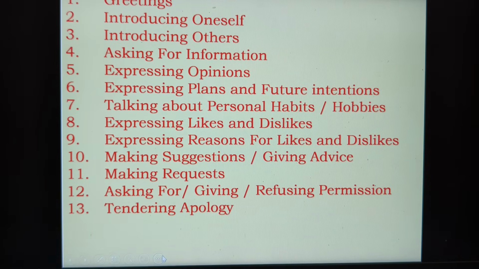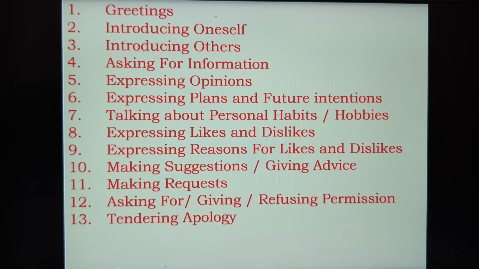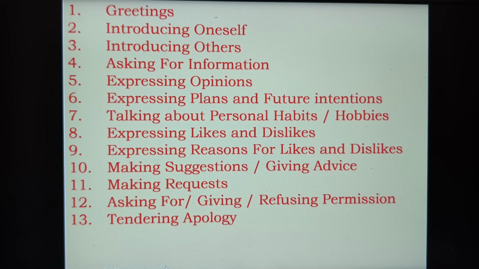And here, as per the board, there are 13 items under this particular communicative functions.